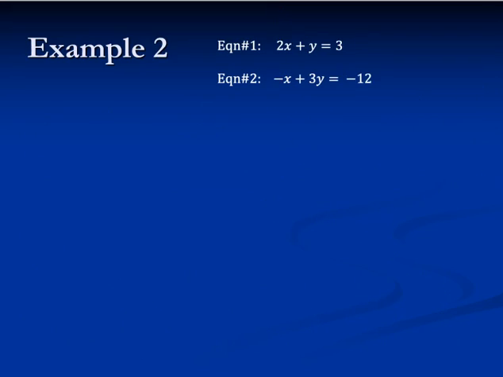And our final example, using elimination, we see that if I were to add the top and the bottom equation, the x's would not cancel and the y's would not cancel. So in order to get them to cancel, if I multiply the entire equation by 2, that means it would be negative 2x plus 6y equals negative 24.